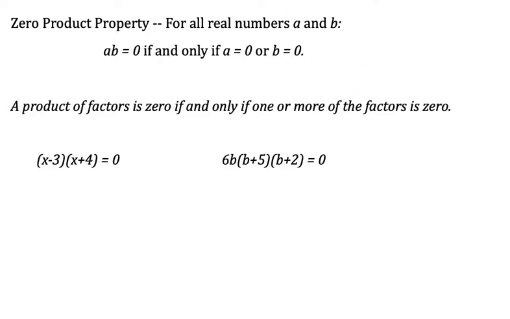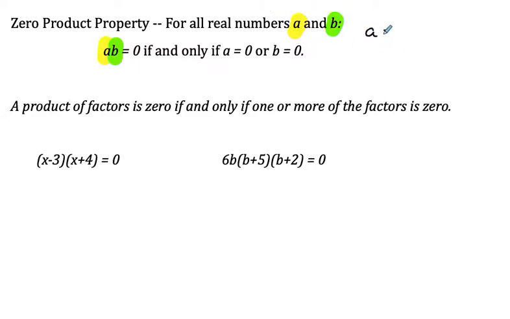The zero product property tells us that for any real numbers a and b, if I multiply a times b and I get 0 as an answer, that's only going to happen if either a is equal to 0 or b is equal to 0. So let's think about that for a second, right?